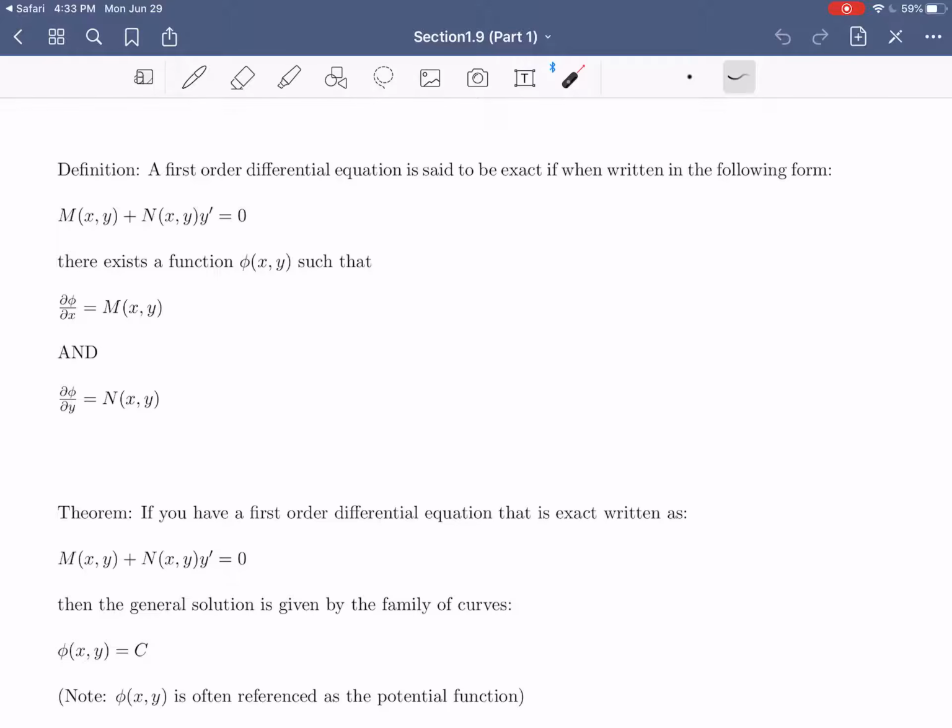Before we get into this definition and the theorem, this type of differential equation and this general technique for solving it is the one moment in our class where we rely a lot on some things from multivariate calculus. We're going to be discussing some partial derivative ideas and integrating with respect to several variables.